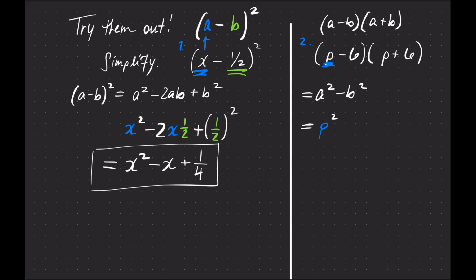Here's my p I'm stealing for a. And then my 6 is playing the role of b, so I have a minus, and then I'm going to plug in 6, all squared. Well, p squared is just p squared, right? No way to simplify that guy. But 6 squared, that's 36. And guys, you're done.